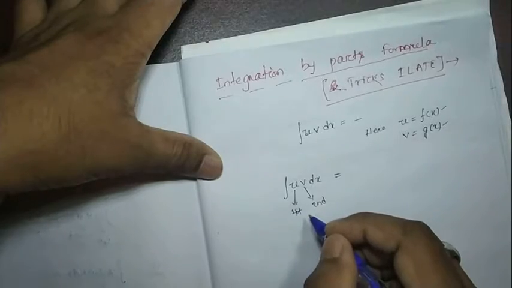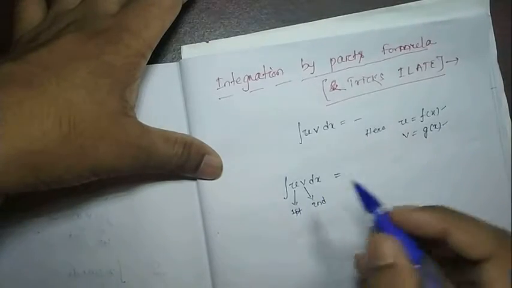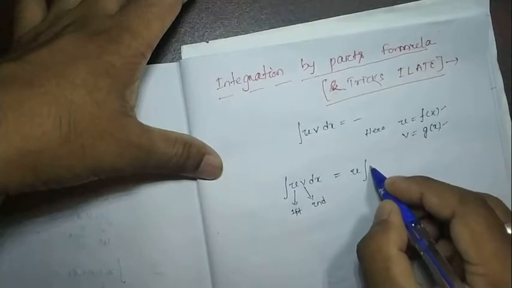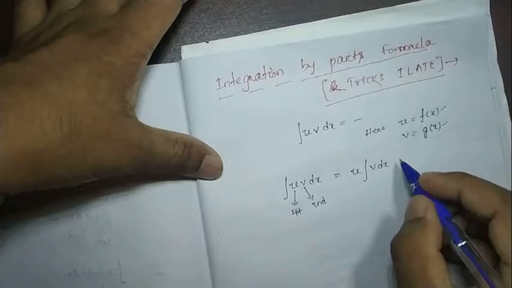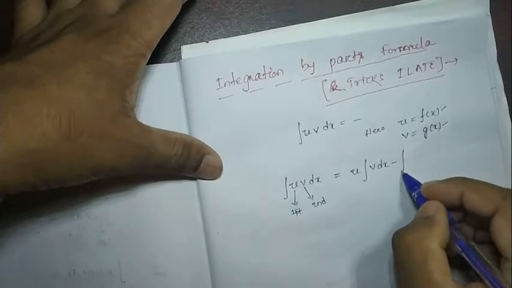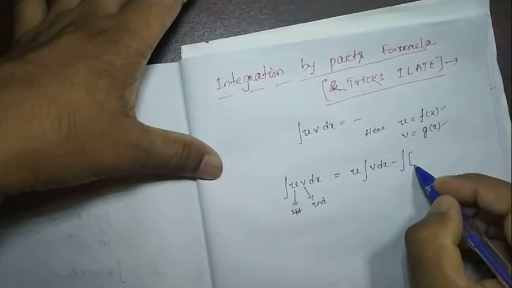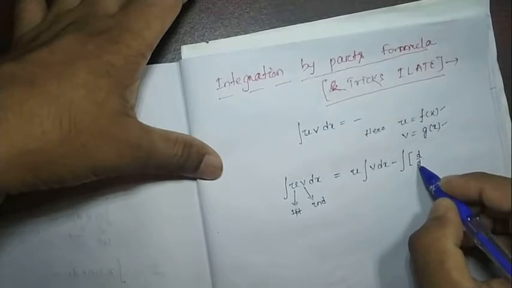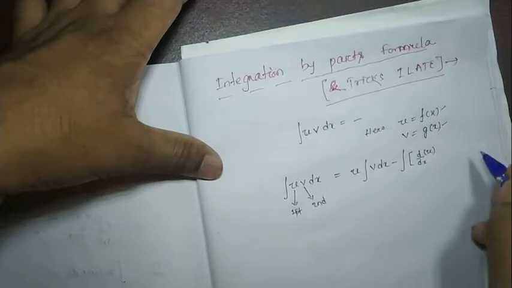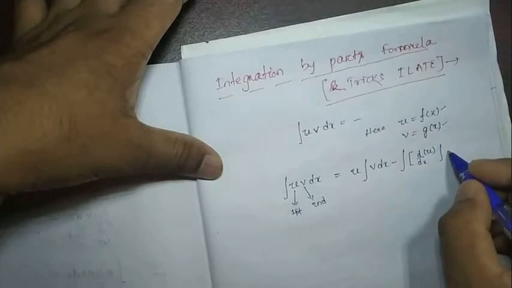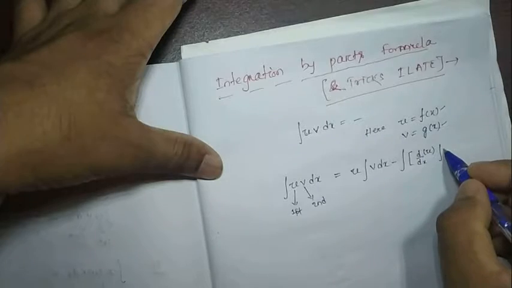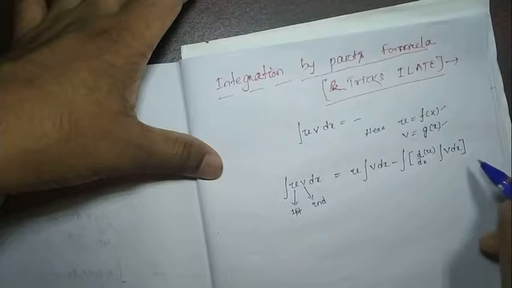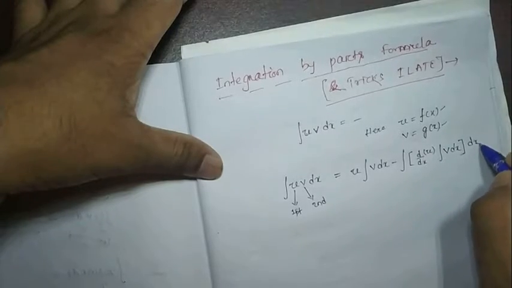Its corresponding formula will be u times the integration of v dx, minus the integration of the square bracket d by dx of u times the integration of v dx, closed the square bracket, then dx.